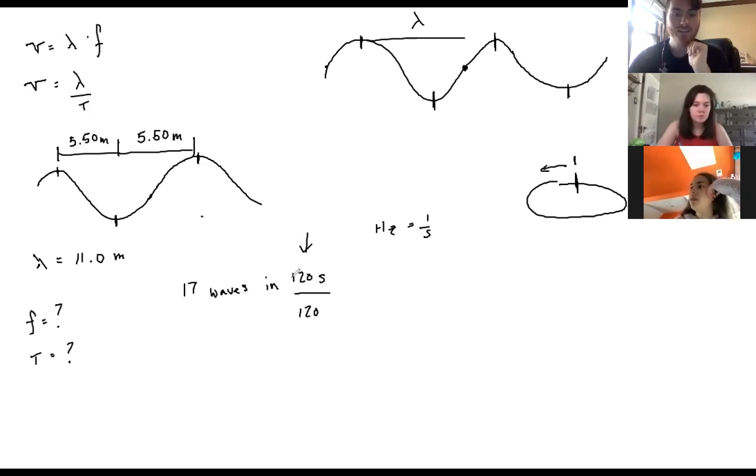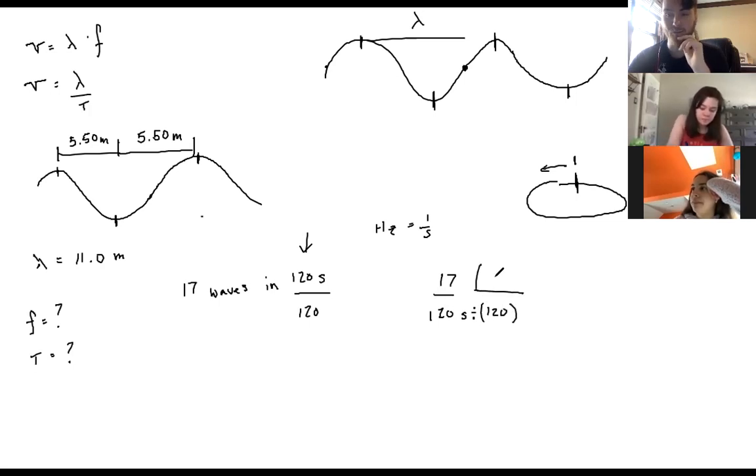Now, think of it this way. If we have 17 over 120 seconds, and we divide this by 120, what do we have to do to the top to get the same thing? We need to divide that by 120 also.